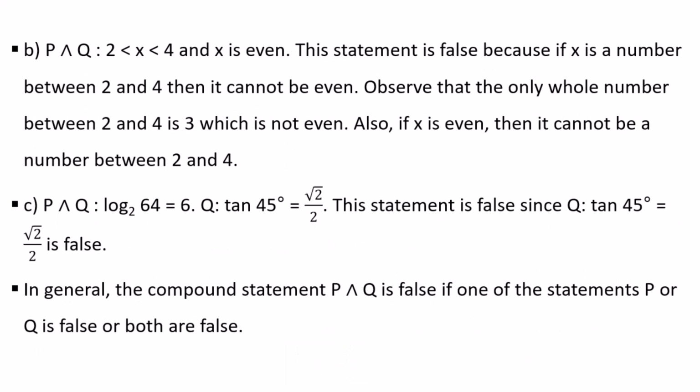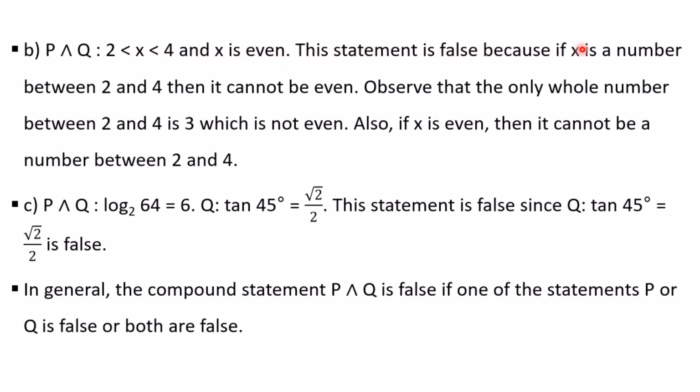So the next question: P and Q become "2 is between", so S is between 2 and 4, or S is greater than 2 and S is less than 4. And this is even.